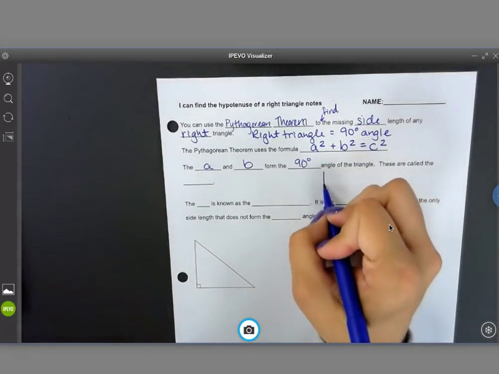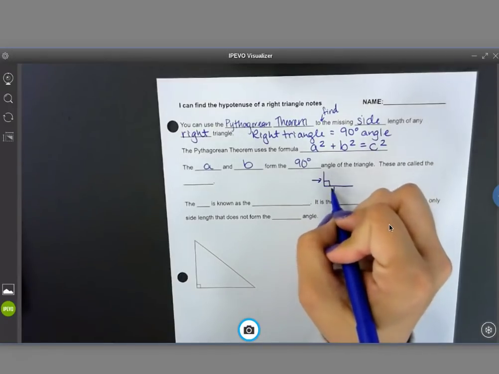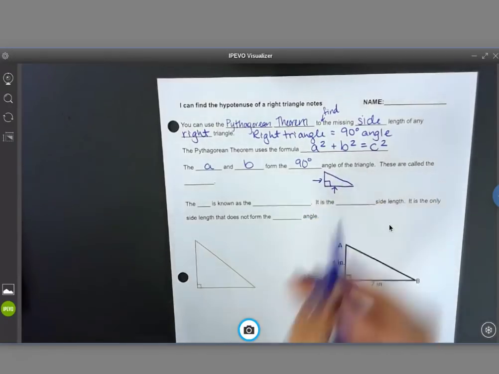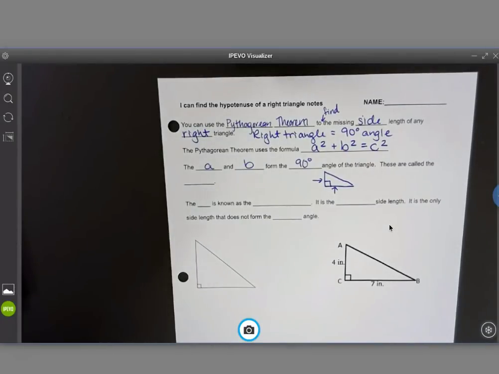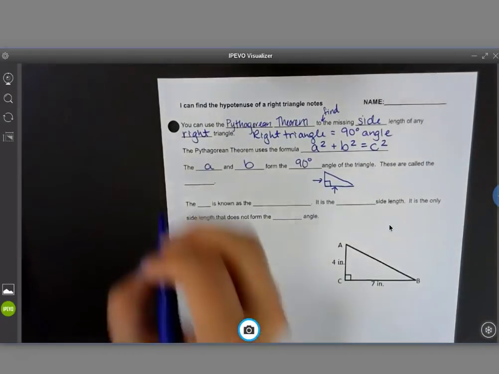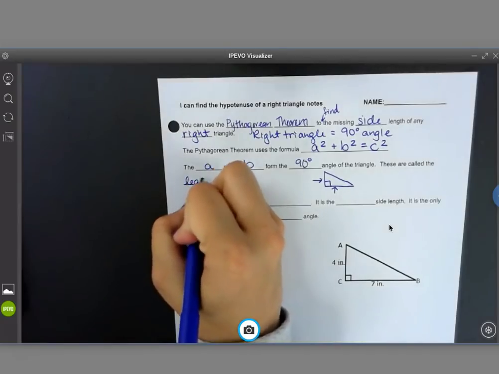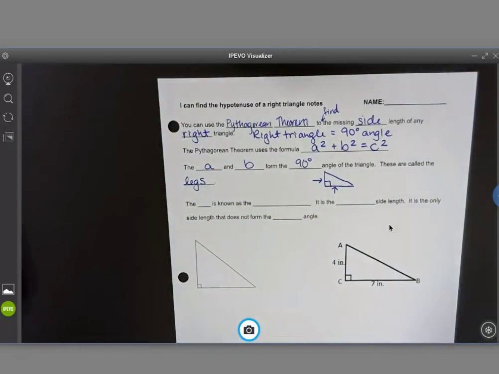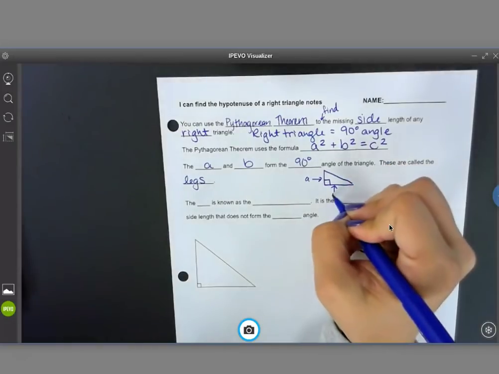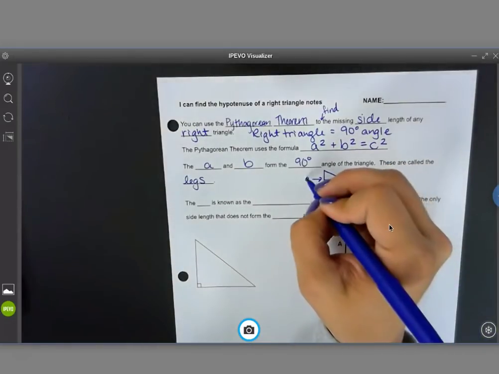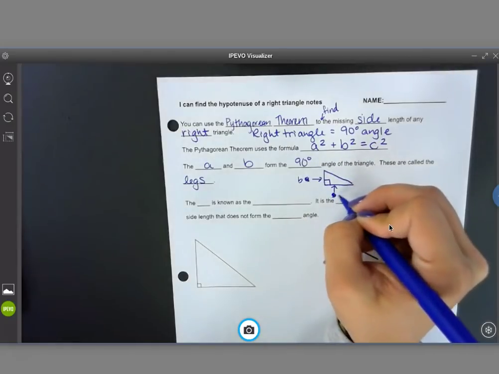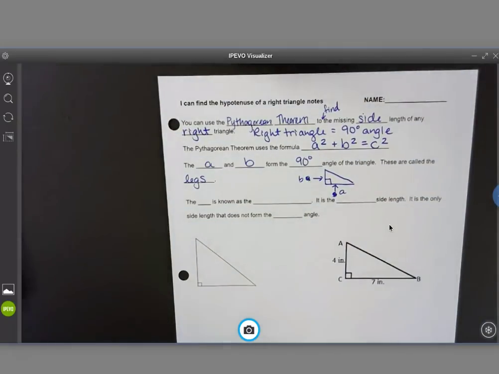So in a right triangle, the two sides that form the 90-degree angle, so these two right here, are going to be called the legs. They can be used interchangeably. So like this can be A, and that one could be B, or this one could be B, and this one could be A. That doesn't necessarily matter.